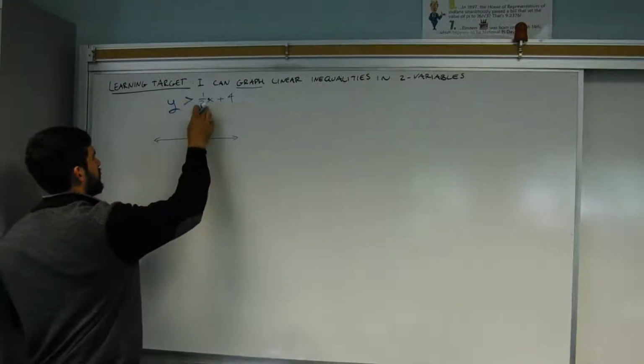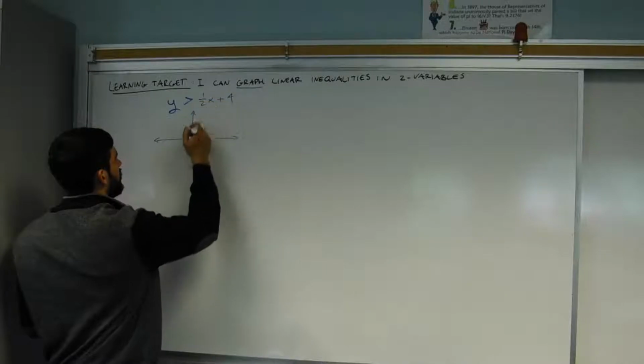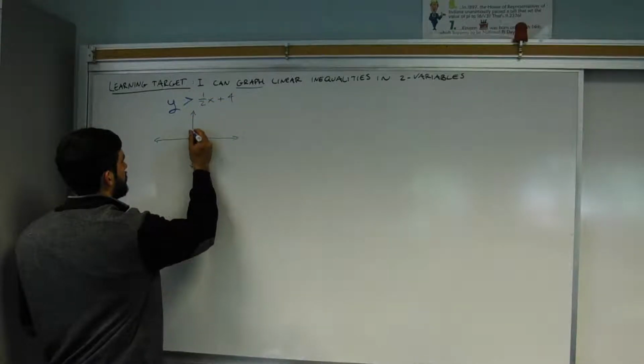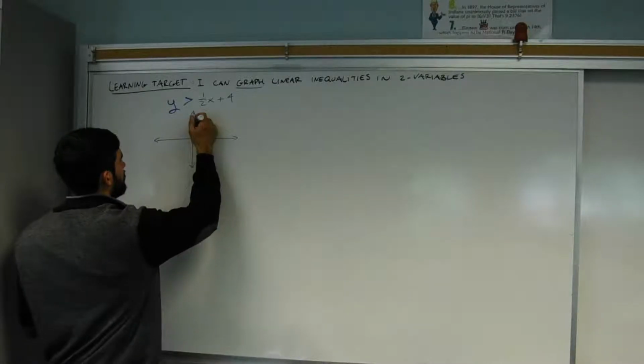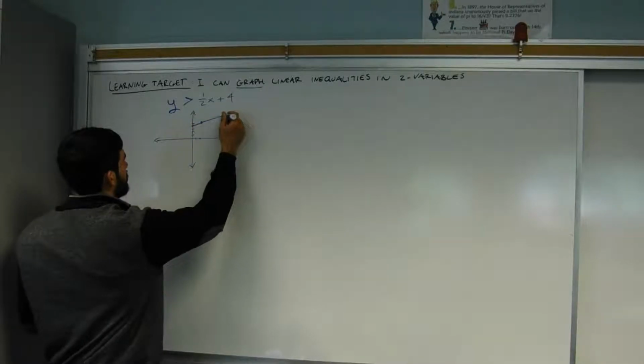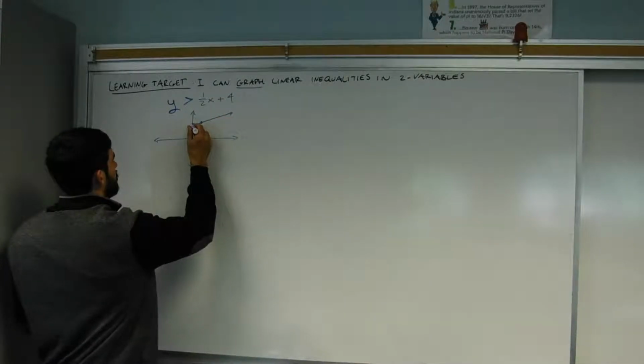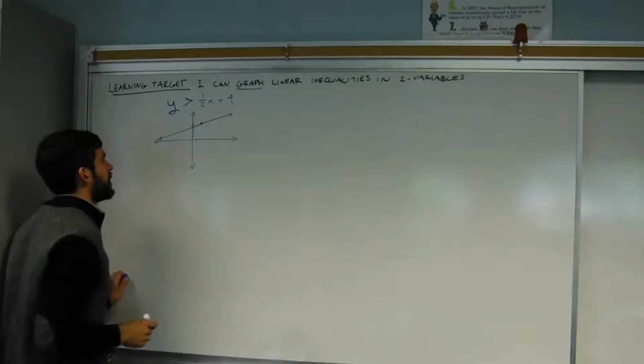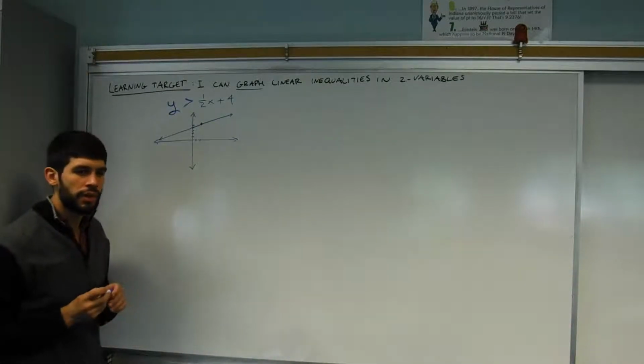So we have y is greater than 1/2 x plus 4. Our y-intercept is going to be 4, and our slope is going to be 1/2. And then we would just connect the dots. And we just graphed the equation, right? If this were equals, we graphed it.